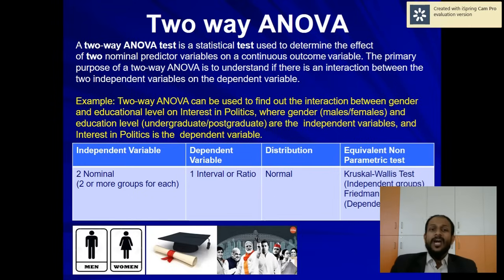Let us say that I want to study the interaction effect of gender and educational level on interest in politics. Let's say that I'm collecting whether a person is interested in politics on a rating of 0 to 100. That may be either an interval scale or a ratio scale.